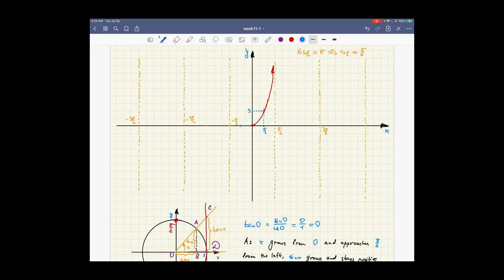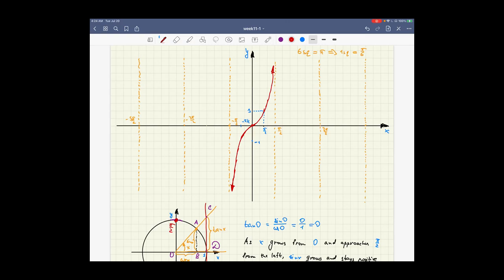So in particular, I want to find the point negative pi over 4, negative 1. That is one branch of tangent in between negative pi over 2 and pi over 2.